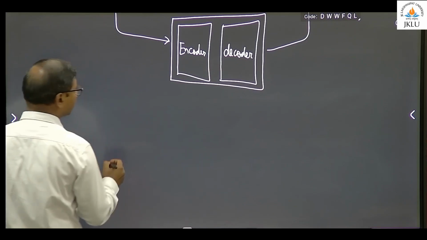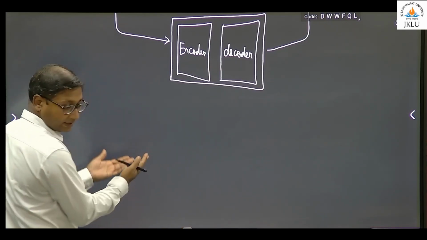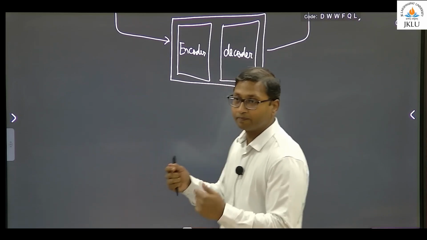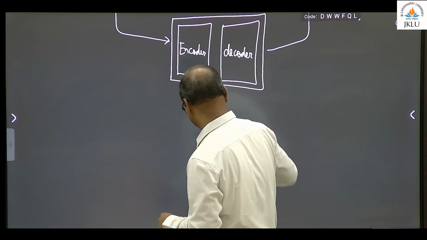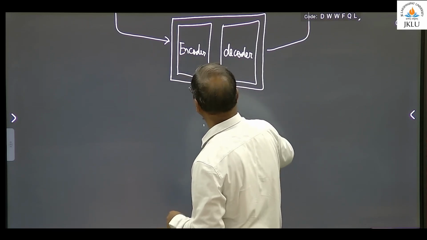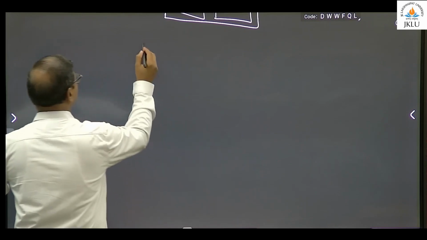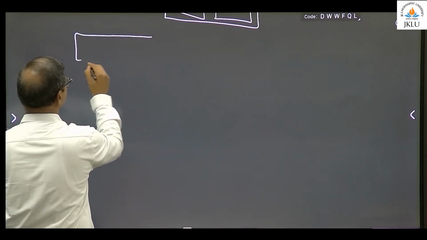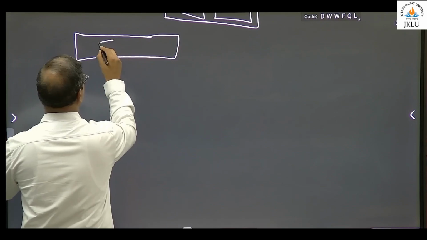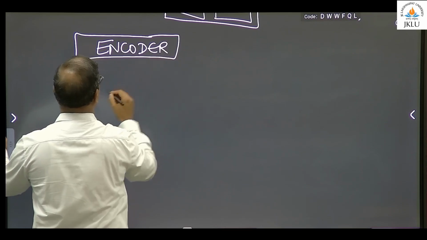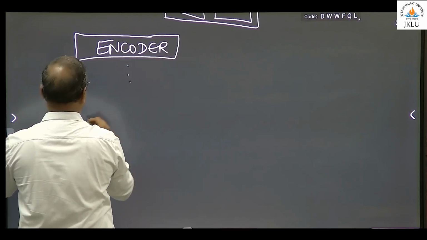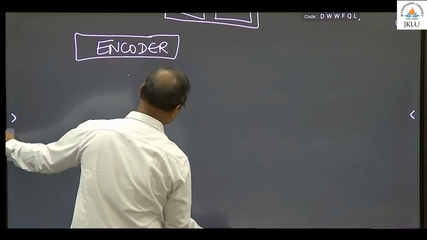Now let us look at what is there inside every encoder. So every encoder is nothing but just a stack of 6 encoders. So let me just do that. And then you have this 6 times.